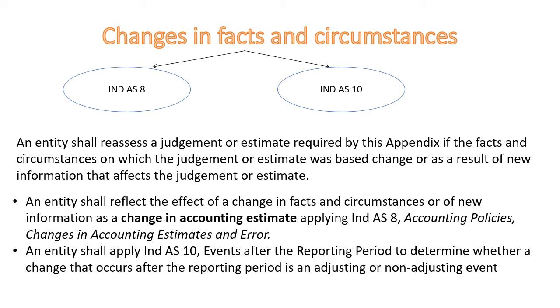The standard also gives an example of this in Appendix C. If there is any change in facts and circumstances and the management thinks due to this an outflow or inflow will happen, then the amount measured from the above methods should be recognized as a change in accounting estimate by applying Ind AS 8, or if the circumstances have been known after the year end but before signing of financial statements, the accounting should be as per Ind AS 10, that is, it should be treated as an adjusting or non adjusting event as the case may be.